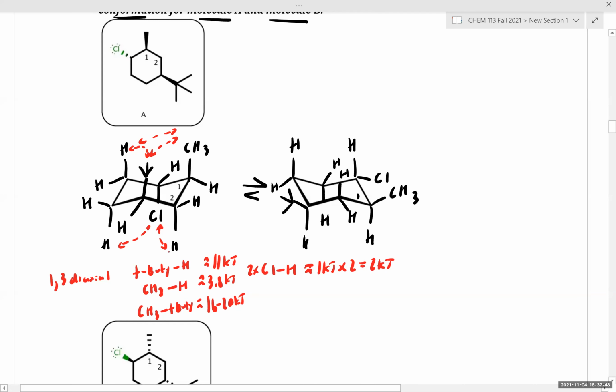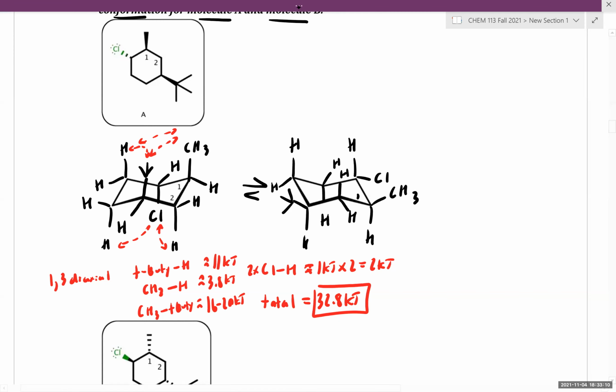Any other interactions that we'd like to note? I don't see any. So in total, we have 32.8 kilojoules of steric strain in the following structure. Let's look at our second structure now.